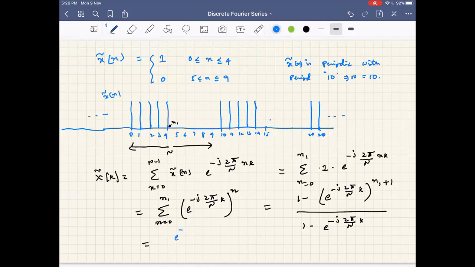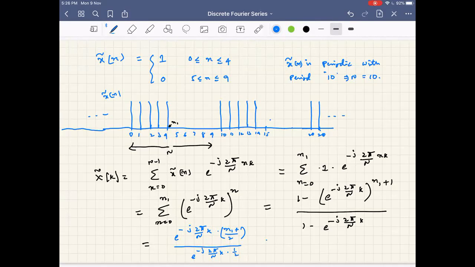From the numerator, let us take outside e power minus j 2 pi by N into k into n1 plus 1 by 2. And from the denominator, let us take outside e power minus j 2 pi by N into k by 2.